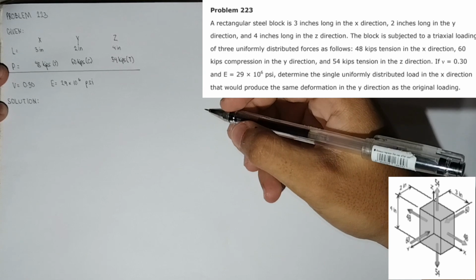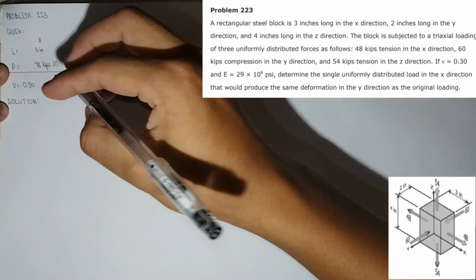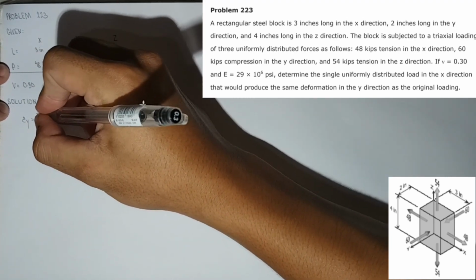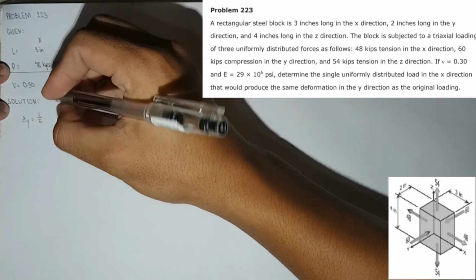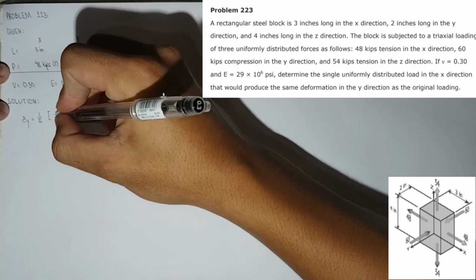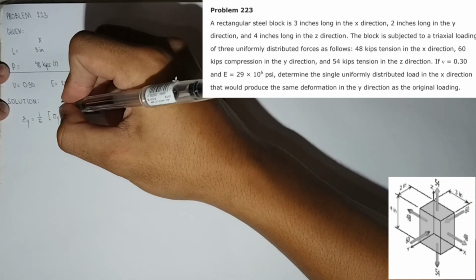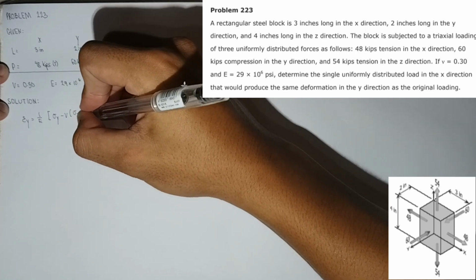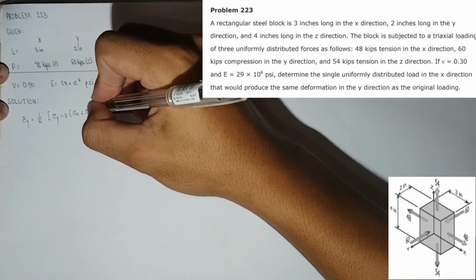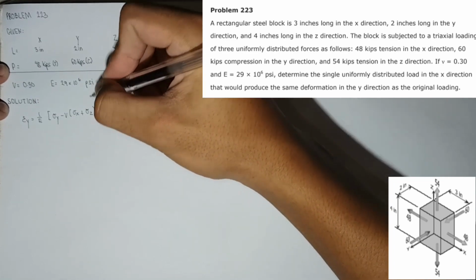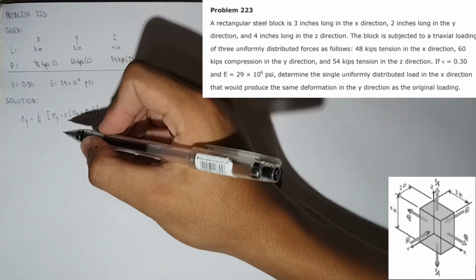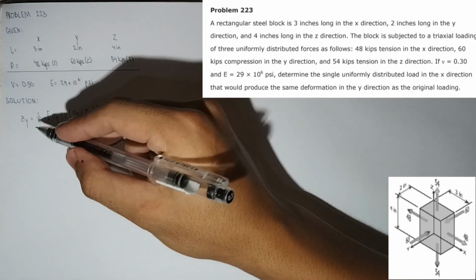We have here strain y is equal to 1 over E multiplied to stress y minus Poisson's ratio multiplied to stress in x direction plus stress in z direction. So this is our formula guys for getting the strain in y.